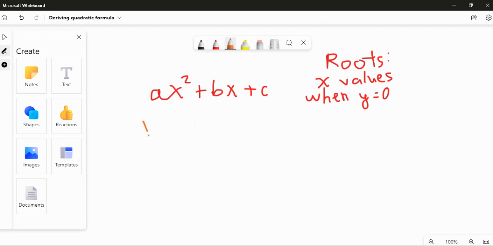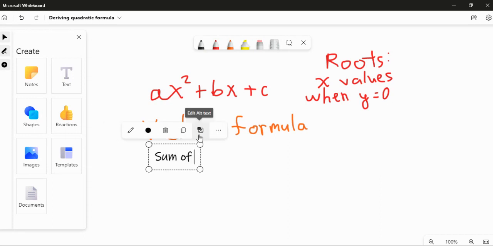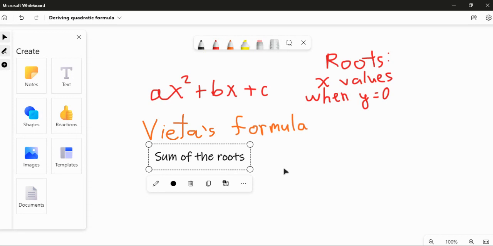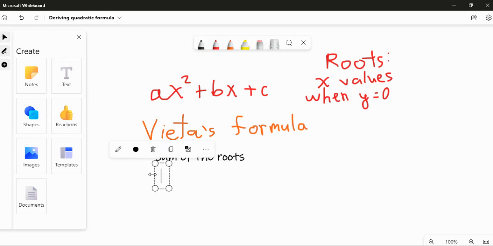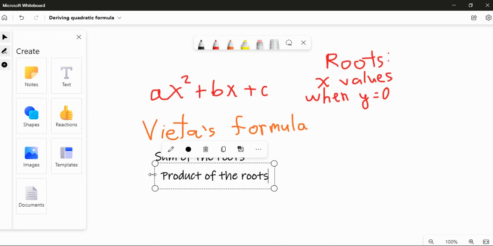So for Vieta's formulas, there are two main ones you should know. Vieta's formulas are named after a mathematician who had this idea and proved it. They say the sum of the roots and the product of the roots.